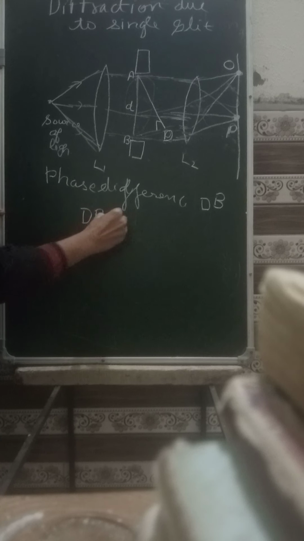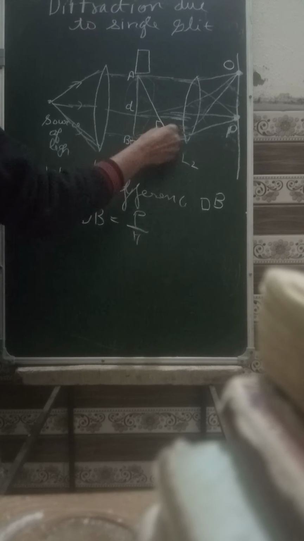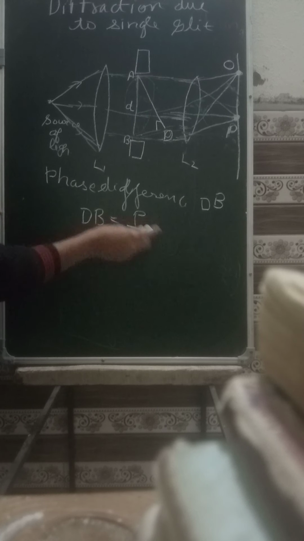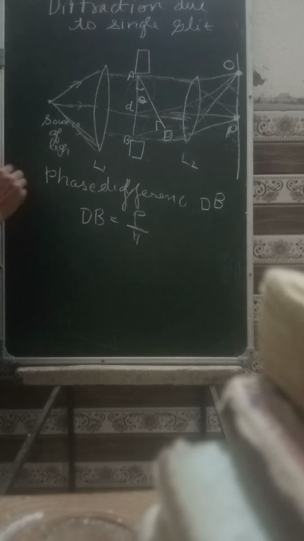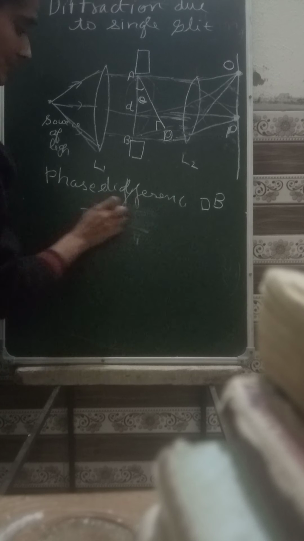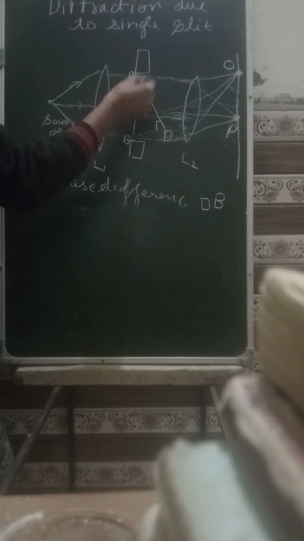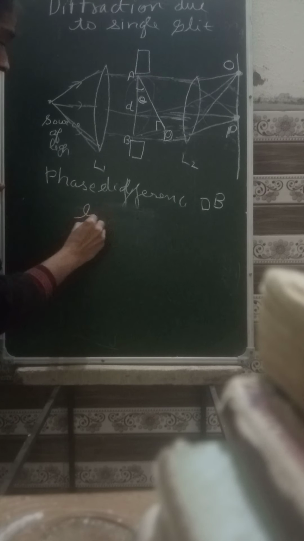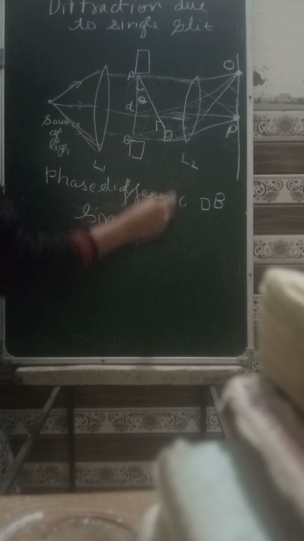It's the perpendicular upon the hypotenuse. Suppose the angle made over here is theta. Now if we take sine theta, it will be perpendicular upon hypotenuse.